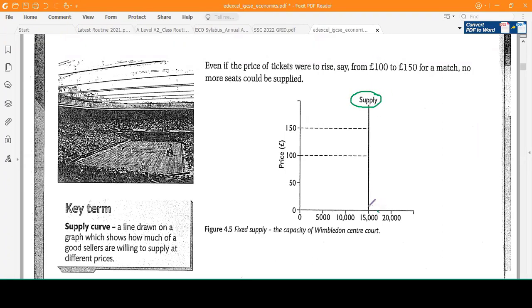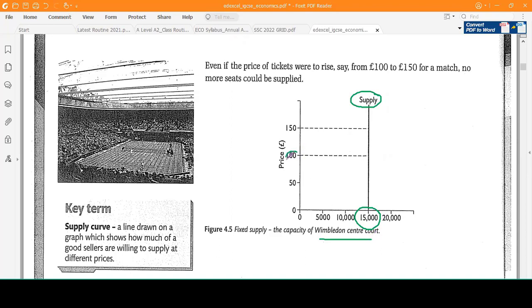Take another example where you have reached your maximum capacity: the Wimbledon Centre Court. It's a famous tennis court, you probably know about it. The maximum capacity is 15,000.